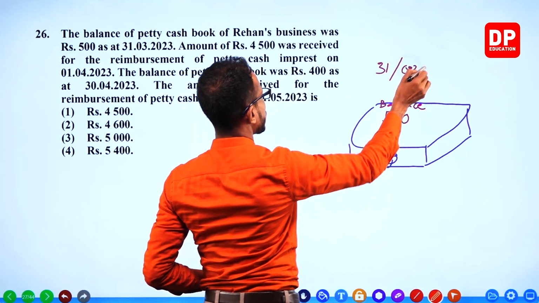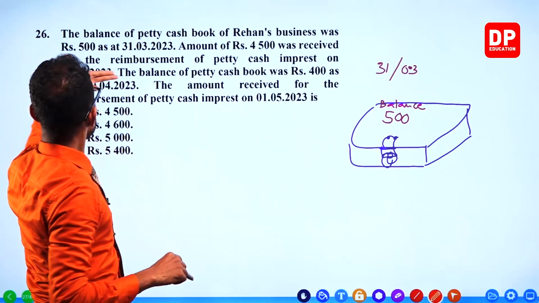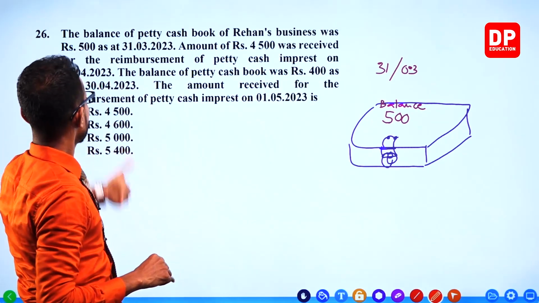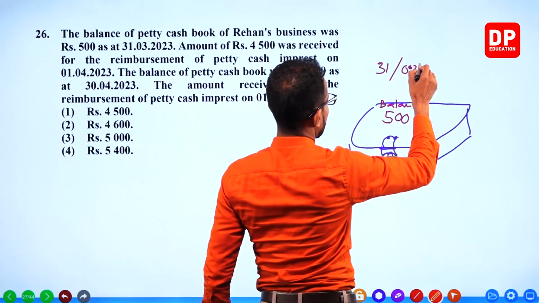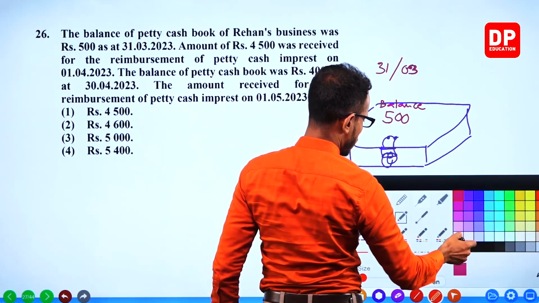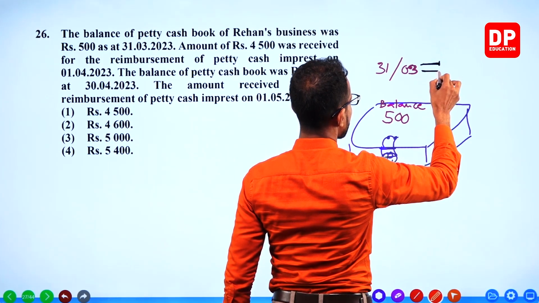An amount of 4,500 was received for the reimbursement of petty cash imprest on 1st April, the next day.